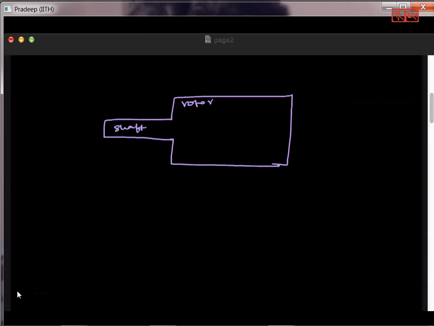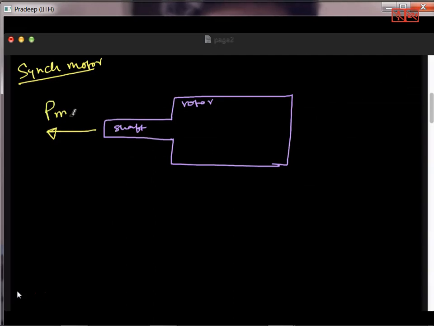Now on top of this, if you talk about a synchronous motor, then the mechanical power will be the output. The shaft will release mechanical power as the output and electrical power will be the input.